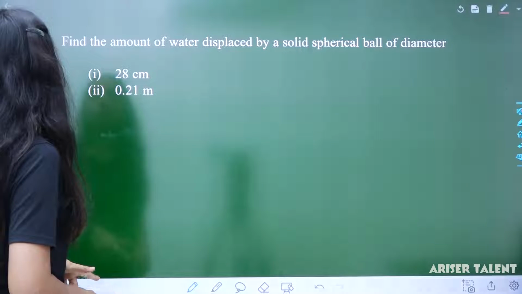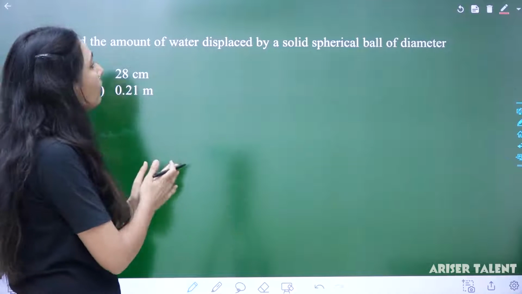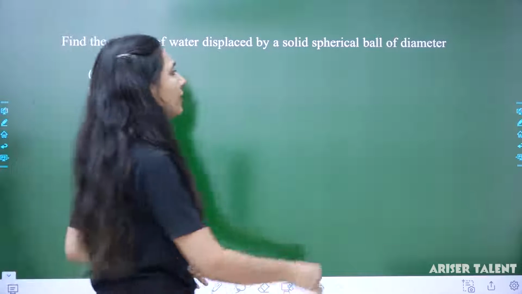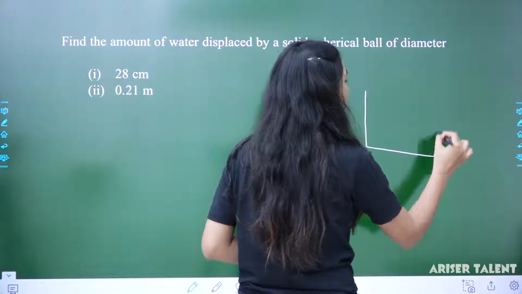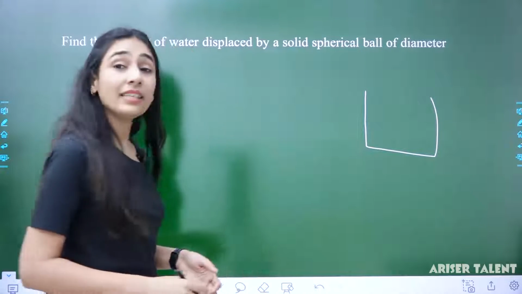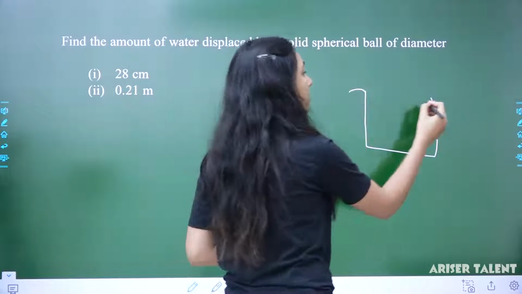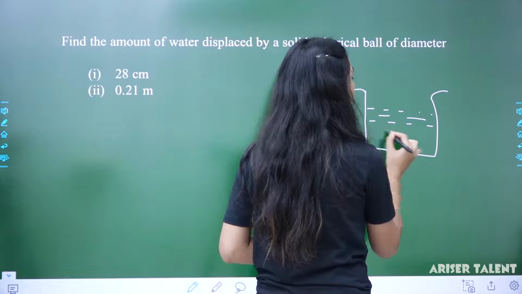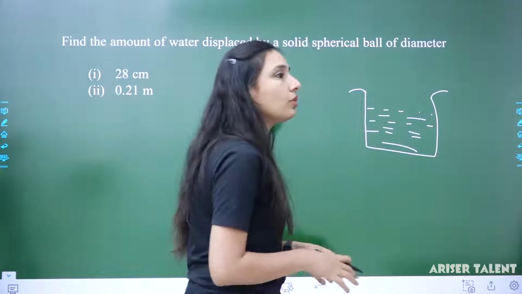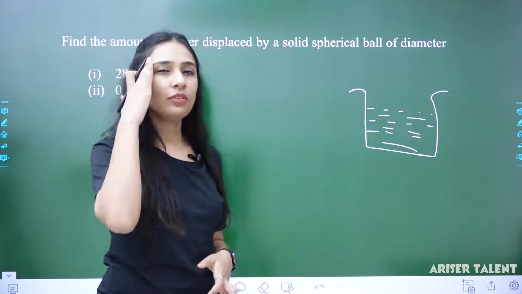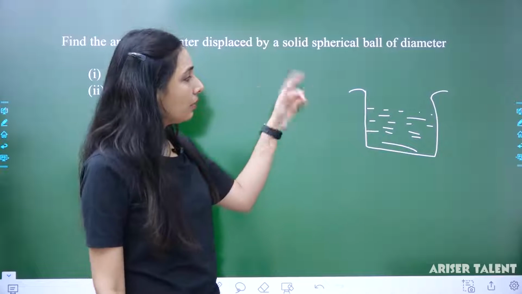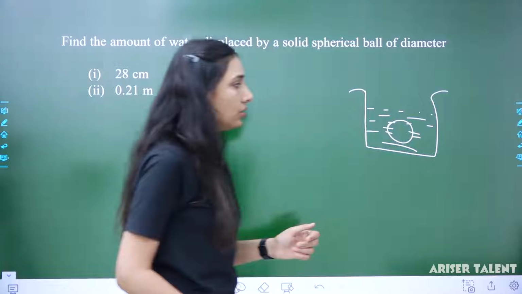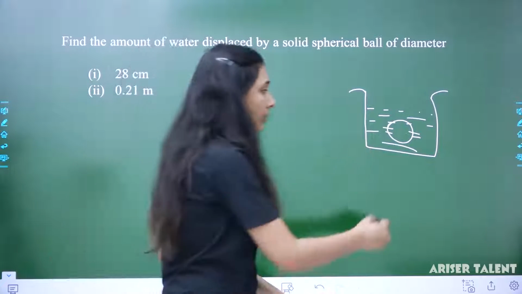The first question is, find the amount of water displaced by a solid spherical ball of diameter given. Let's suppose we have a container with some water in it. Now you put a cricket ball in it.